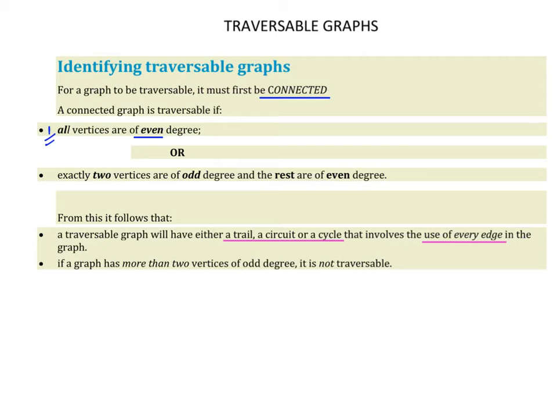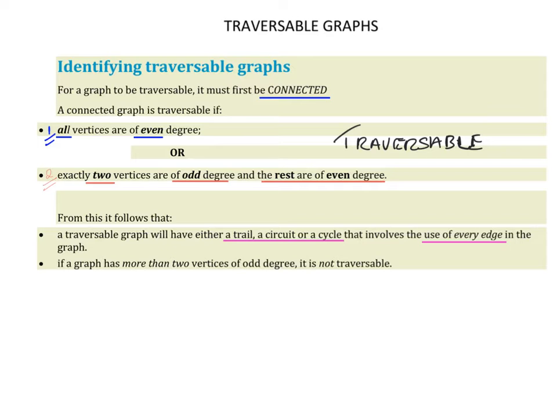Our second criteria states that they could have 2 odd degree vertices and the rest could be even. So if our graph falls into either of those 2 categories, then we would consider our graph to be traversable. Okay, so it has to be either of those 2.